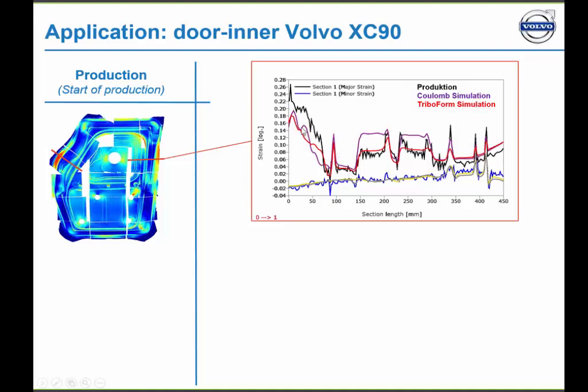In purple you see the major strain from the finite element simulation using Coulomb, and the red curve is the major strain from the finite element simulation using TriboForm. And then you also see that at a more local scale, really at a cross section at this part, you have a very nice prediction of the strain distribution using AutoForm in conjunction with the TriboForm software.